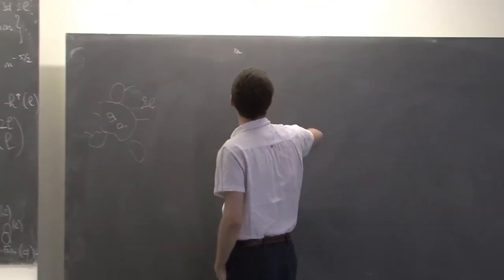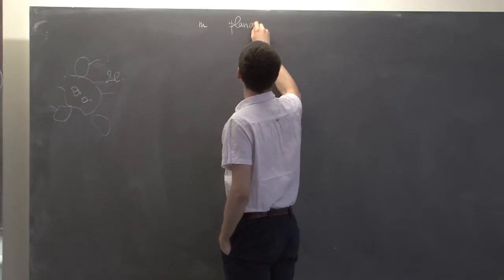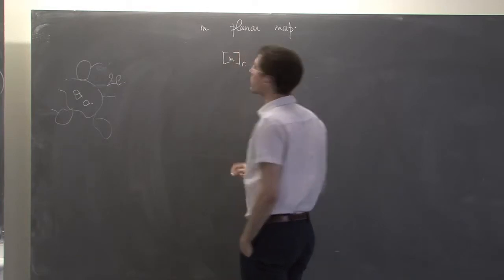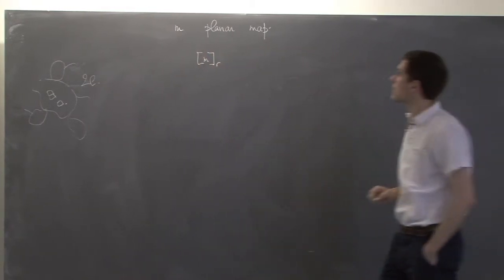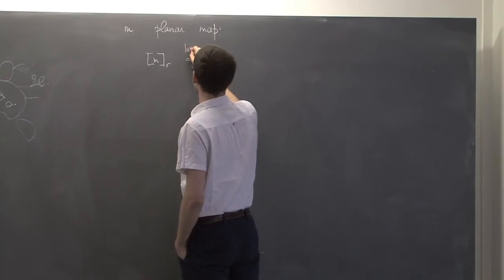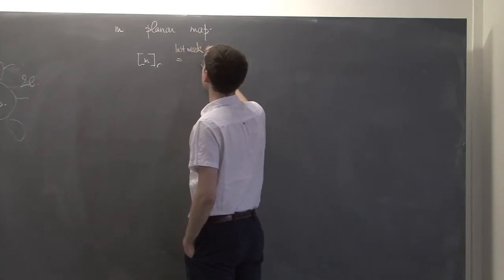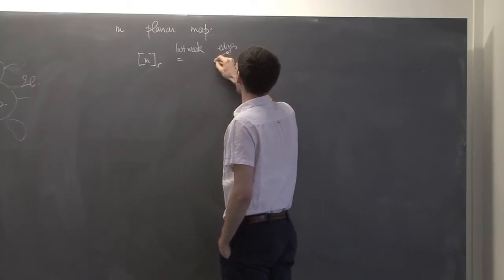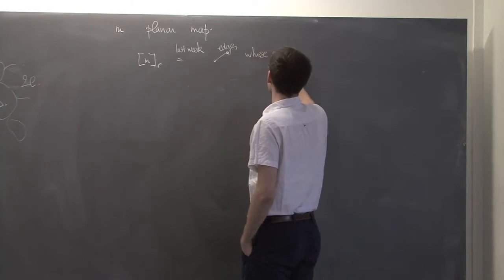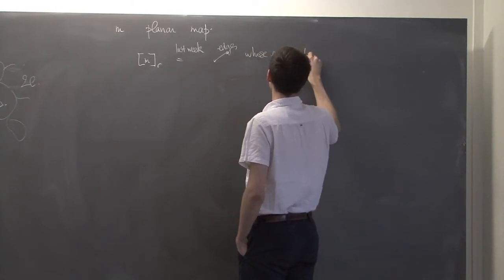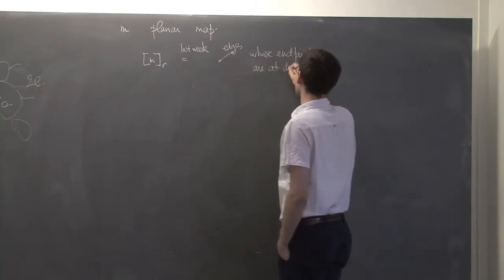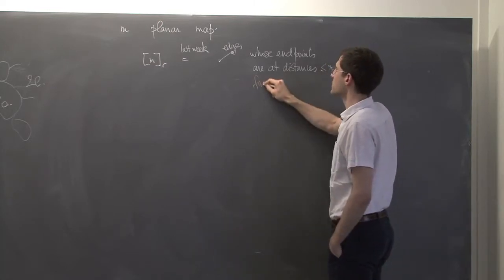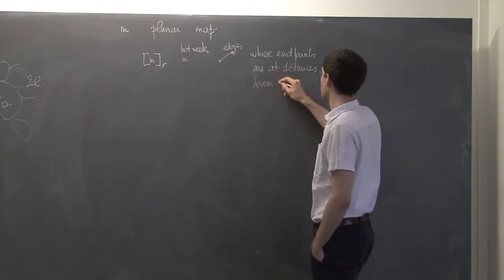So I said that when M is a planar map, the ball of radius R in the map M, last week, was defined as: you take all the edges whose endpoints are at distance less than or equal to R from the origin of the map. The origin is the origin of the root edge.